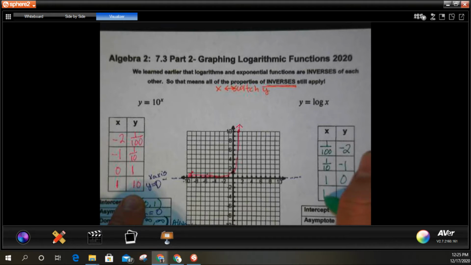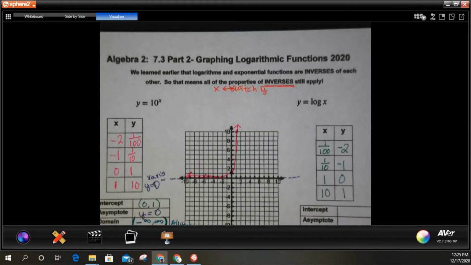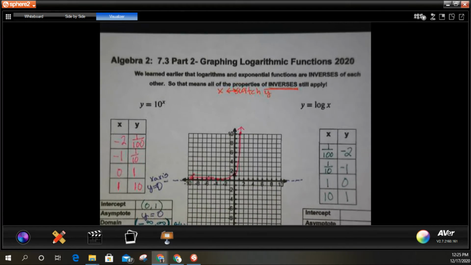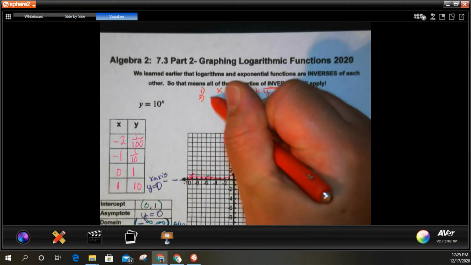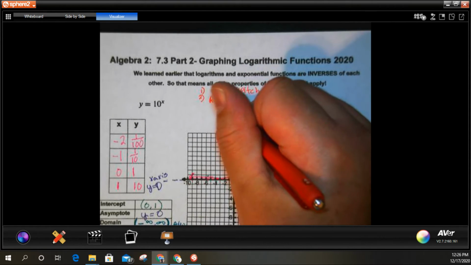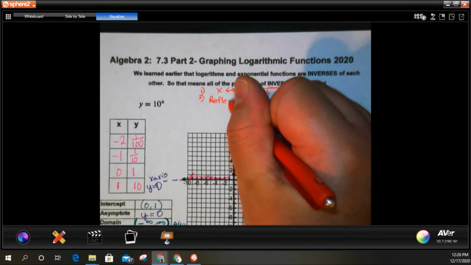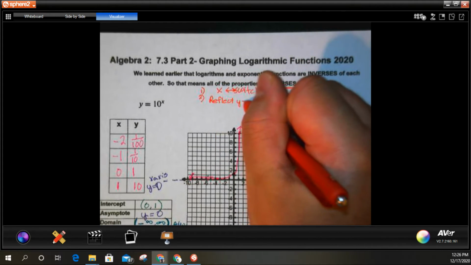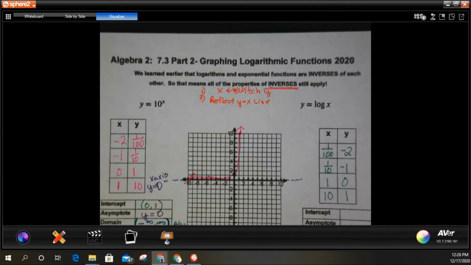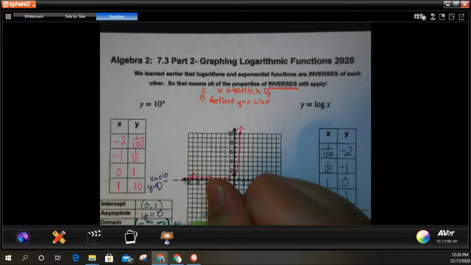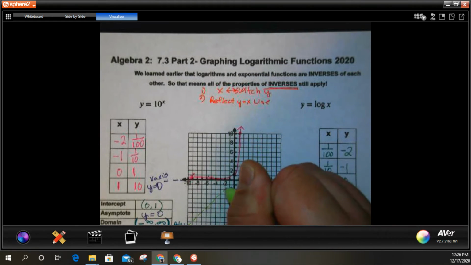Also, another property, they reflect about the y equals x line. There's my y equals x line.